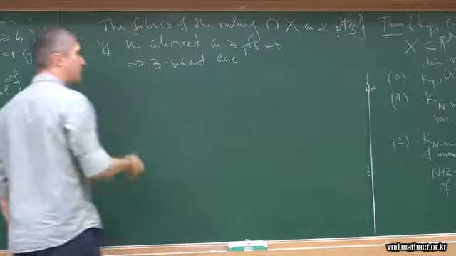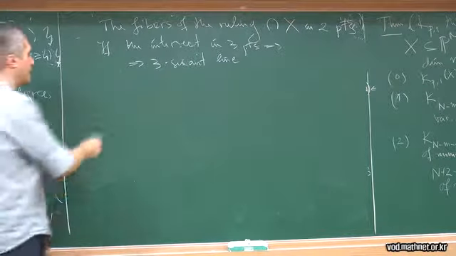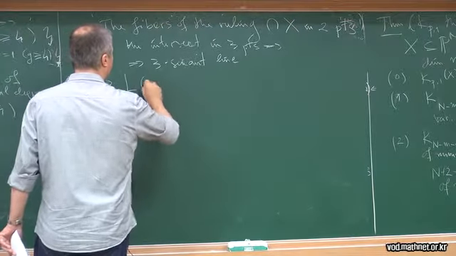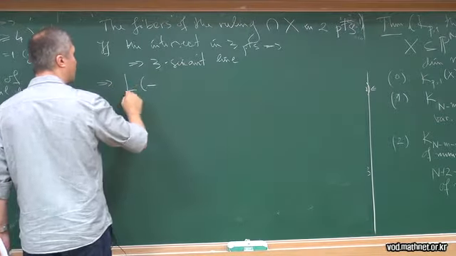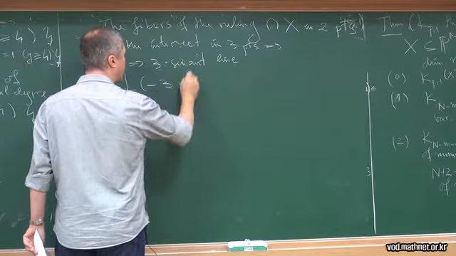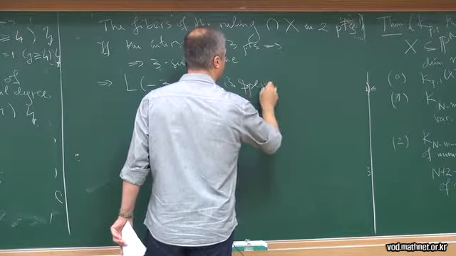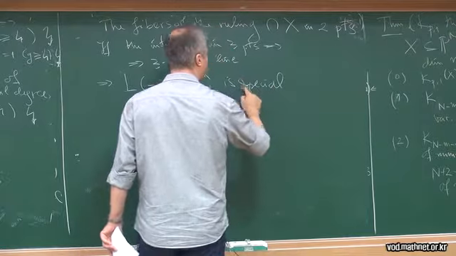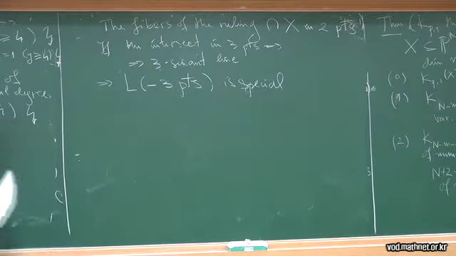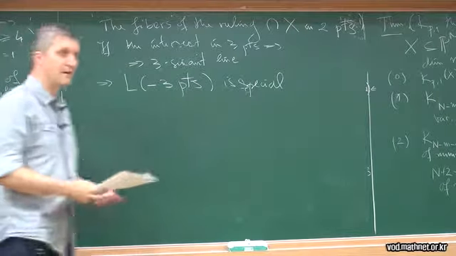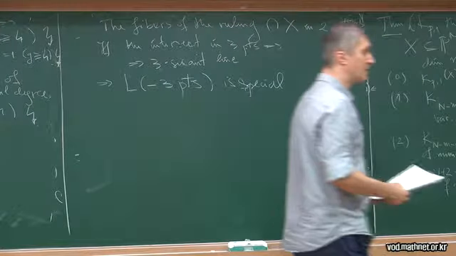And if we get a 3-secant line, then the bundle L minus these 3 points is special, right? Because they impose fewer conditions on the linear system L. So this must be special.